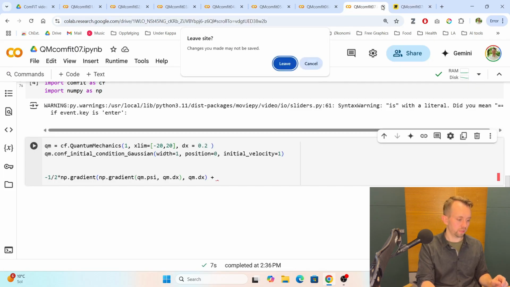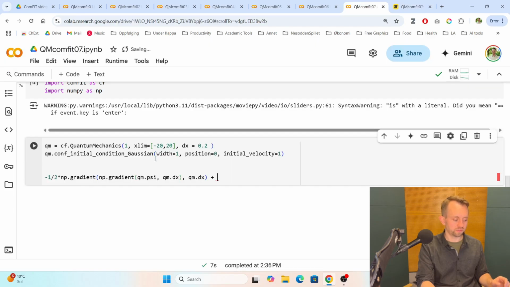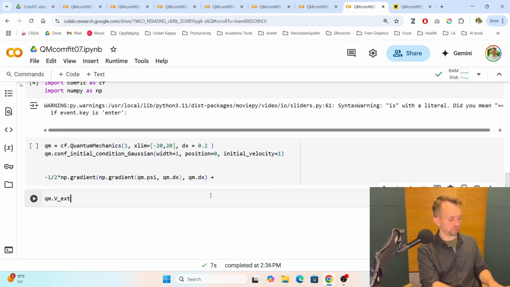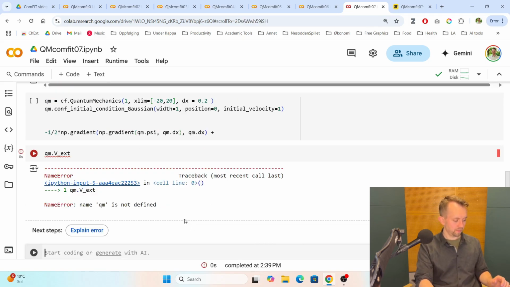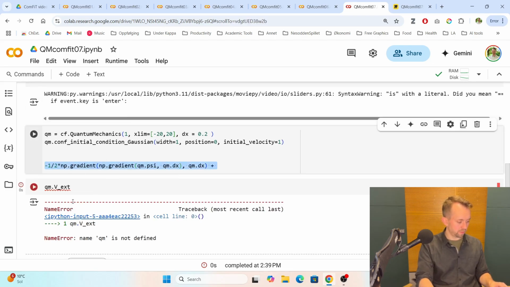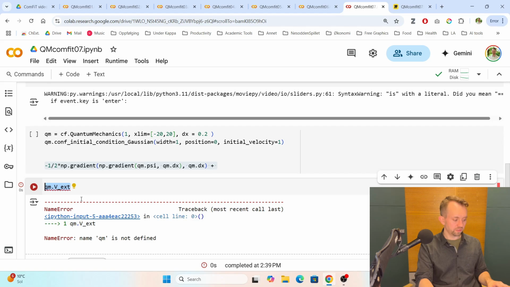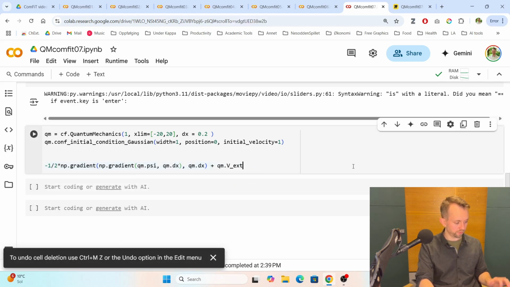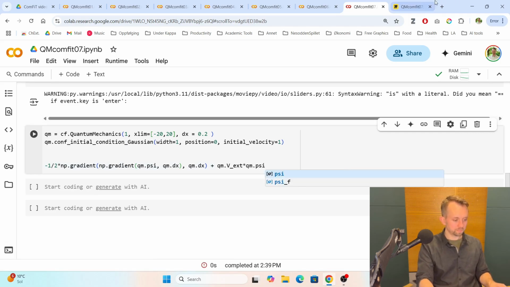For now, it's essentially 0. The qm object has this property called vx, which essentially is the external potential. So we can just use that. We're going to use plus qm.vx times qm.psi.